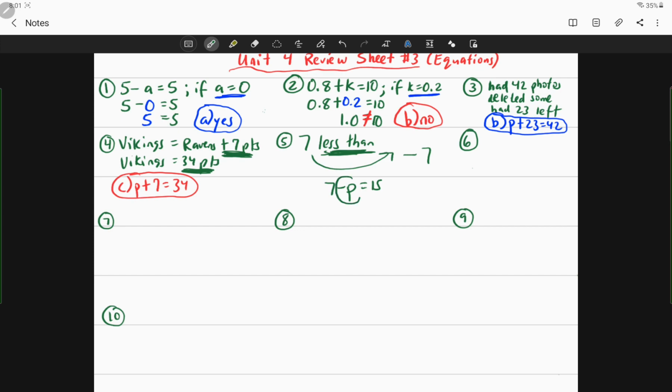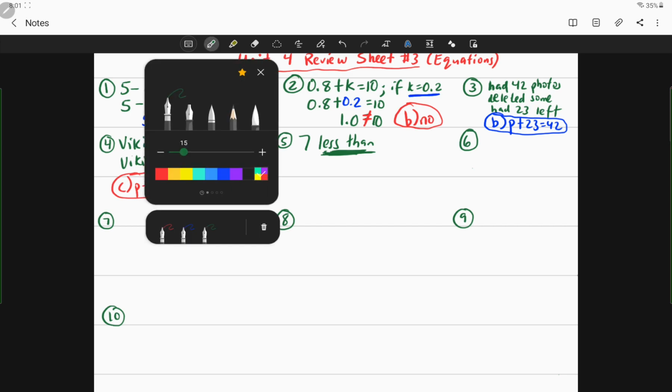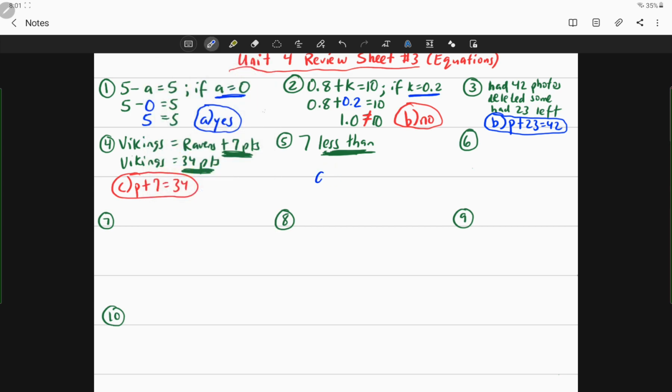And what this part in the equation says is actually less than P. But that's not really what we want to put. We want to put 7 less than. So our answer for this one is actually going to be choice D, which says P minus 7 equals 15.